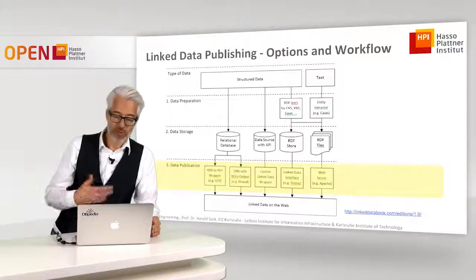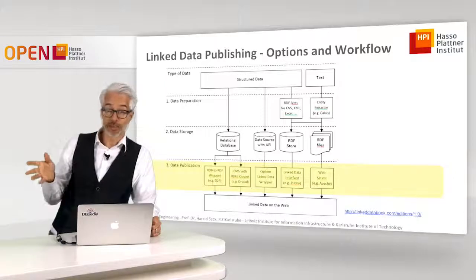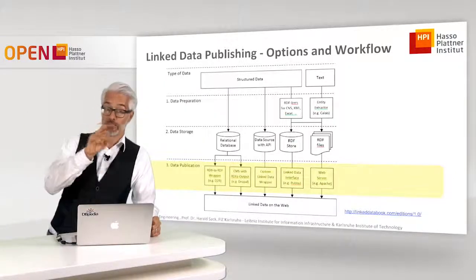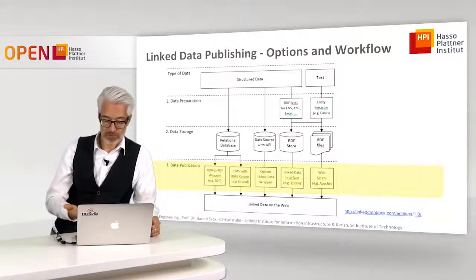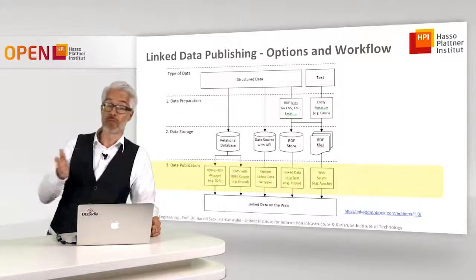And of course, what you also can do, if you provide RDF files, then you can connect these RDF files, in addition to your files that have an HTML representation of exactly this data, to your web server, for example an Apache web server. And this web server can then provide content negotiation.